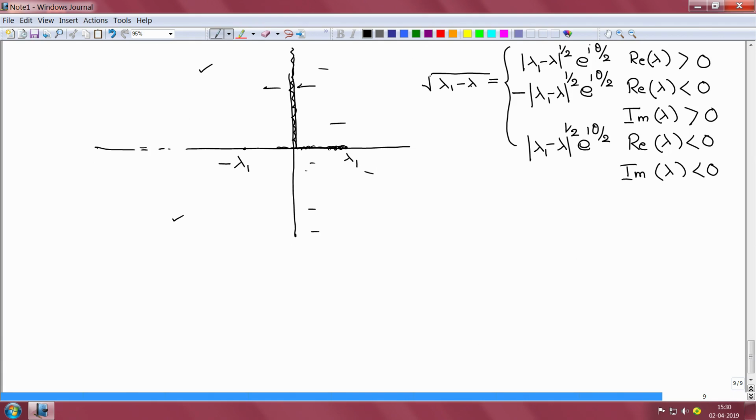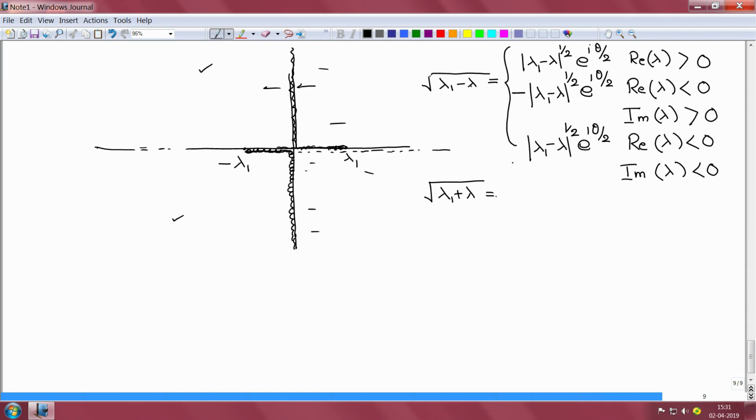Now what do we do with square root of lambda 1 plus lambda? That cut is going from minus lambda 1 all the way to positive infinity, we saw it last time. Now we bring it till the origin, we bend it 90 degrees. So this cut goes downwards now, down to infinity, and hence the name L-shaped cut.